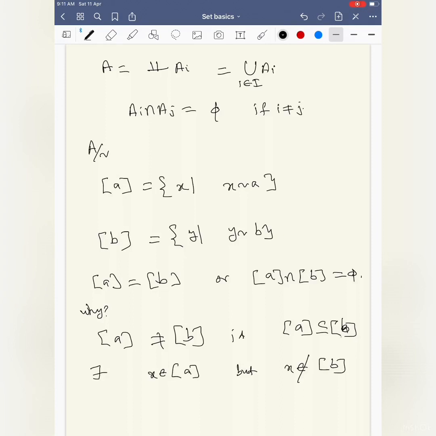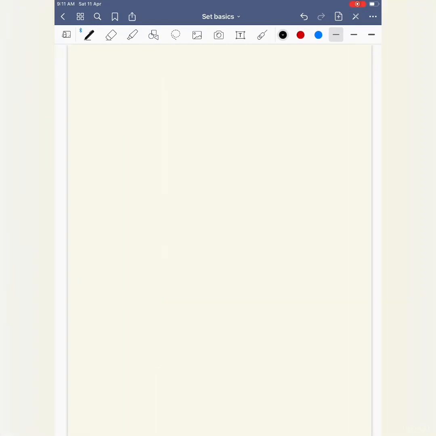But I didn't make any ordering, so without loss of generality, assume x is in class a but x is not in class b. That means x is a relative of a but x is not a relative of b.